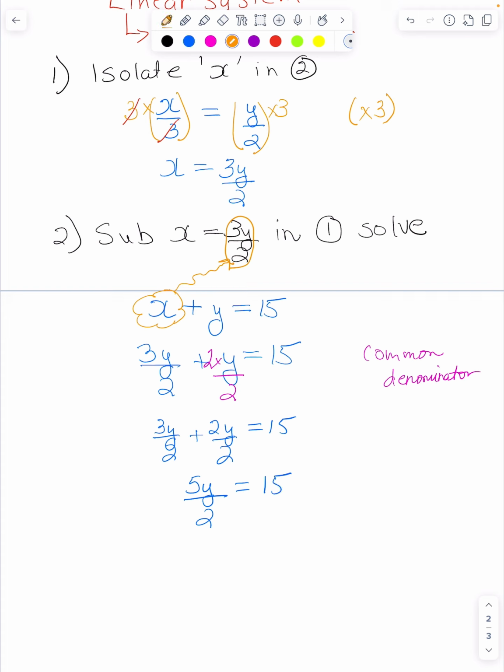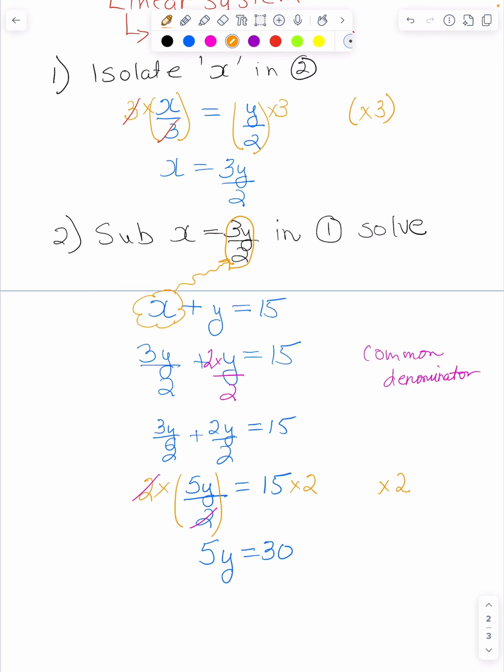At this point, I'm going to multiply both sides of the equation by 2. And these two 2's are going to reduce to 1. I'm going to be left with 5y equals 30.